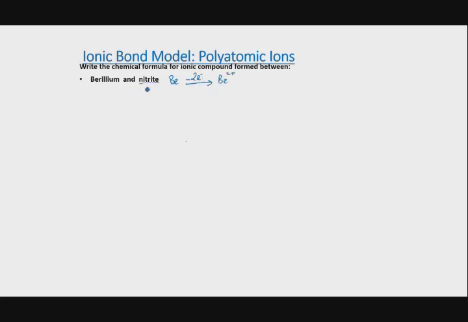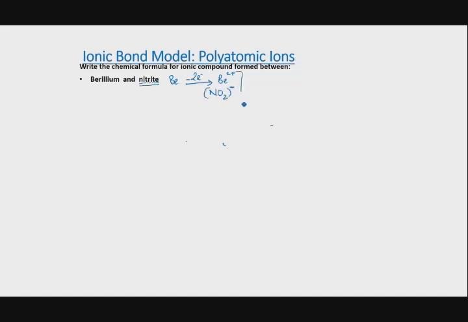Nitrite, since it's a polyatomic ion and you need to memorize these, there is no hint. You cannot figure out any of the polyatomic ions just from the periodic table. This is something you do have to memorize. So nitrite, we know, is NO2, charge of the unit is -1.